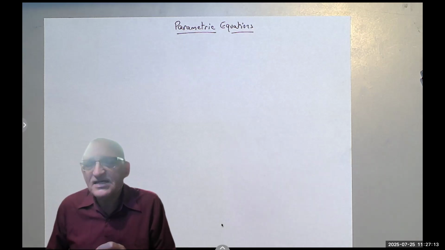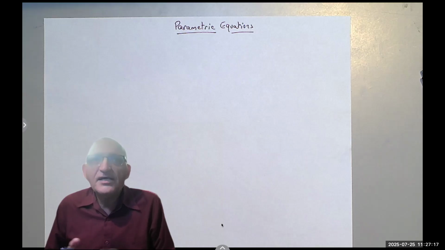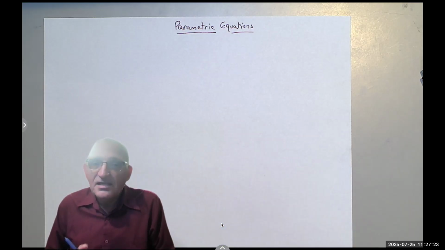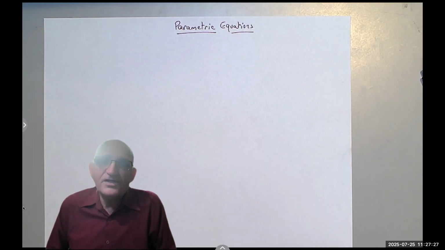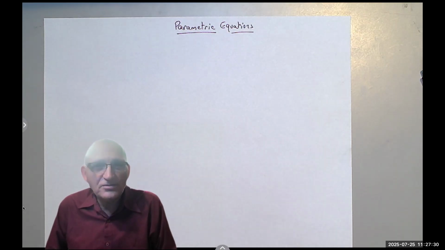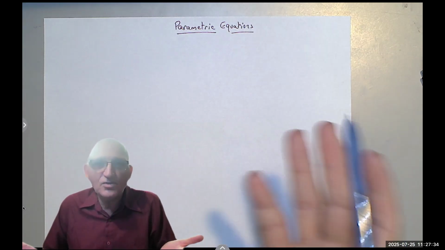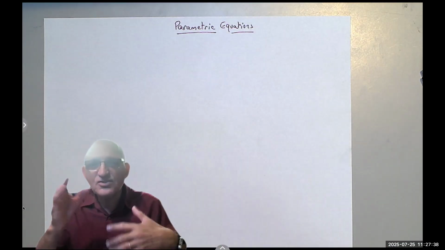Think about your conic sections. If I tell you, give me an equation of y as a function of x for an ellipse that has a semi-major axis value of 5 and a semi-minor of 3. It's awkward, right? Because x squared over 25 plus y squared over 9 equals 1, and you want to separate them, and then you want to find y as a square root.